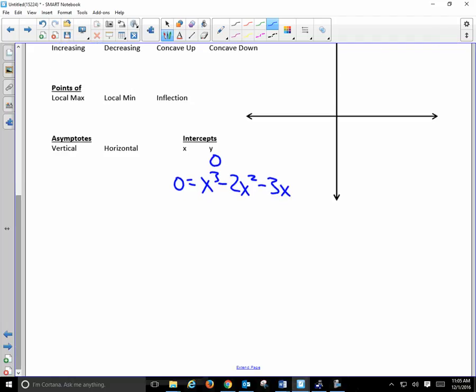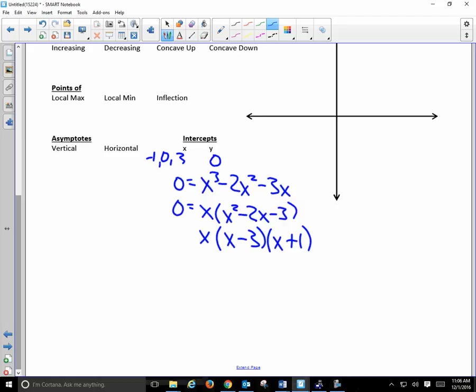Can I solve that? Take an x out, 0 equals x times x squared minus 2x minus 3. So I have x minus 3 and x plus 1. Sweet. So I have x-intercepts of 0, 3, and negative 1, it looks like. Awesome.